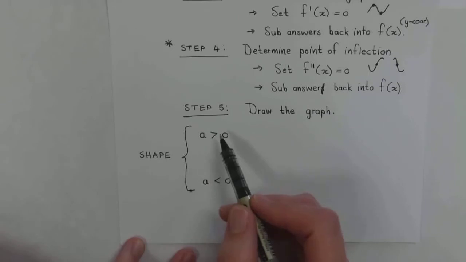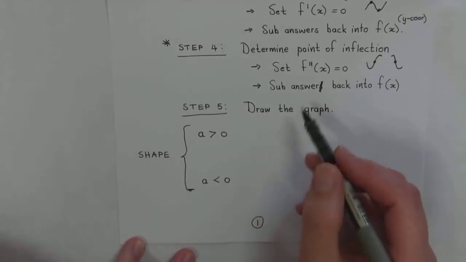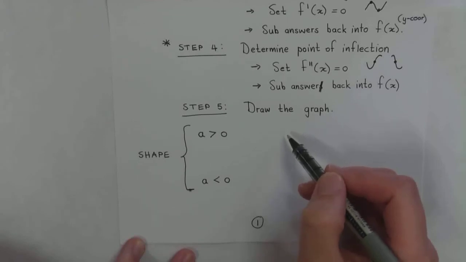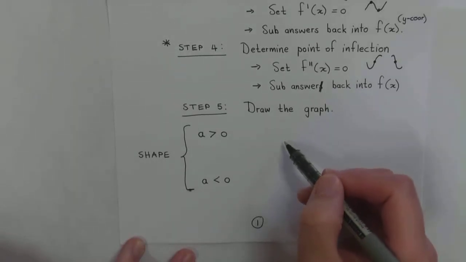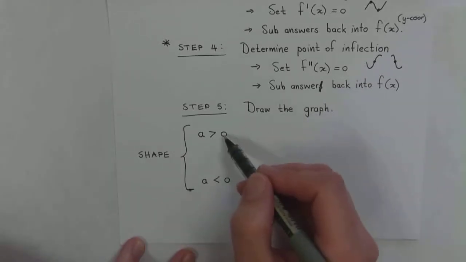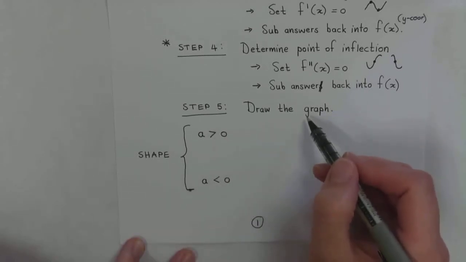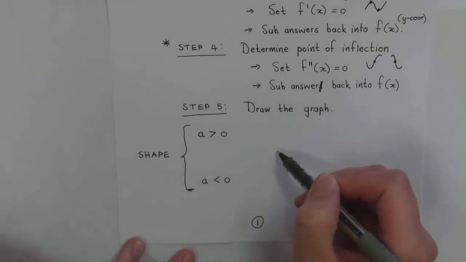Now, when we drew parabolas, when a was positive, the graph looked like this. And please note, I'm now going to show you the graph going from right to left and not the usual left to right, because this is going to be important to memorize the shapes of these graphs. So if a is positive, I go from right to left and I show you that shape.